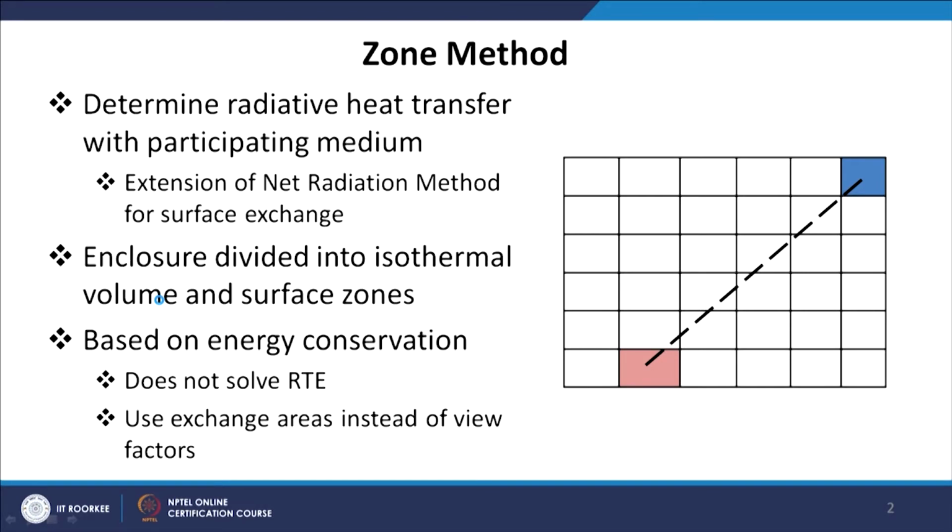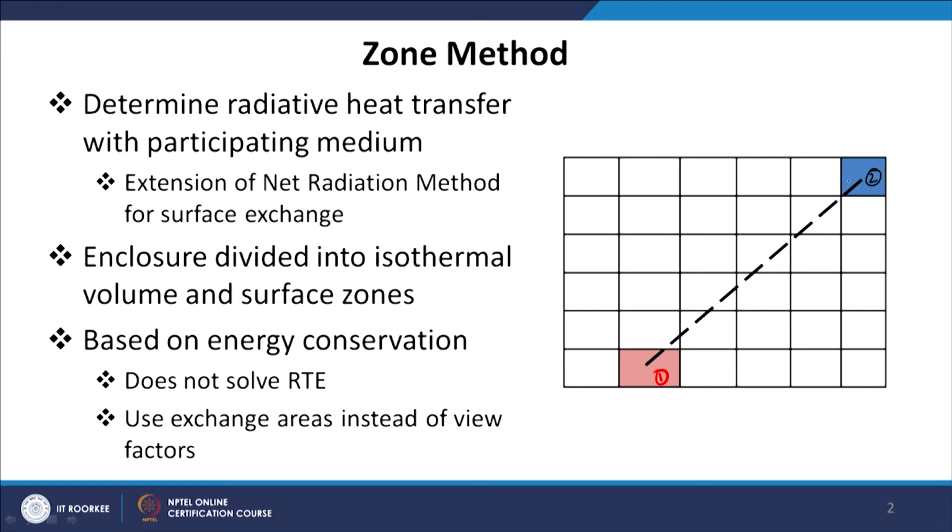So, we have divided this volume or area of interest where we want to solve the radiative transfer into a number of cells, and we are interested in how much energy is emitted in one cell and how much energy is absorbed or emitted in cell 2. So, we are interested in the overall energy balance between faces of this domain as well as volumes.